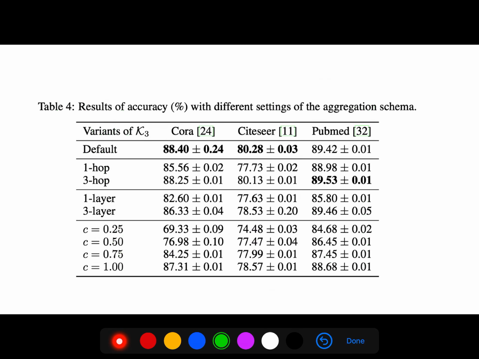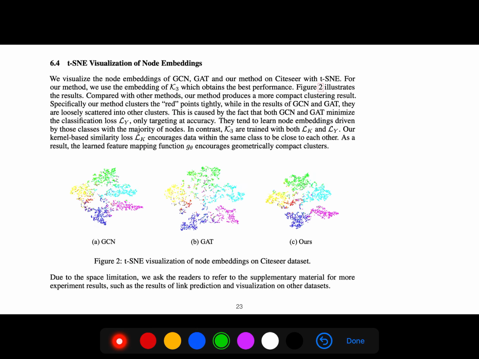And if you change the settings of the aggregation, you get different results. And this is a t-SNE visualization to see how good their method is in comparison to graph attention and graph convolution.